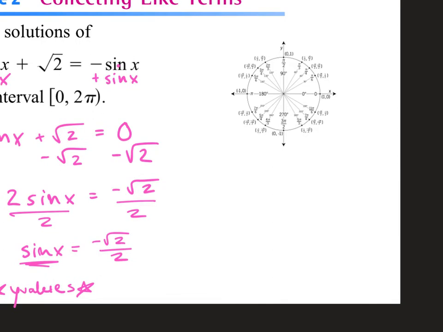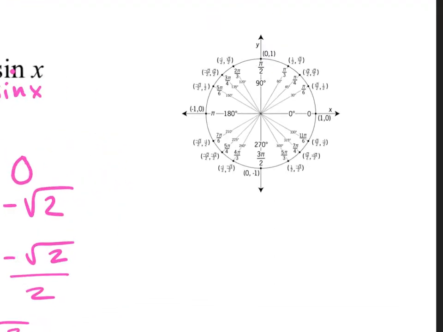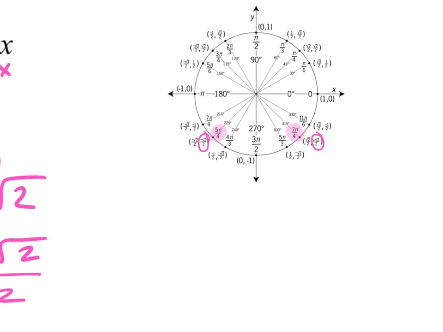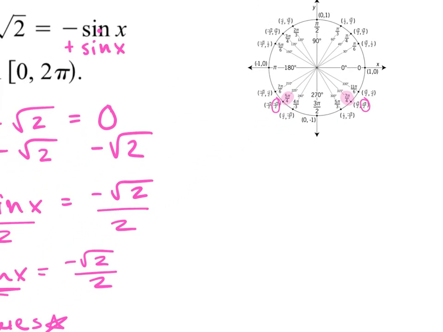So where on our unit circle is our y value negative square root 2 over 2? Pi over 4 and 7 pi over 4. Awesome. So we have x is equal to 5 pi over 4 and x is equal to 7 pi over 4.